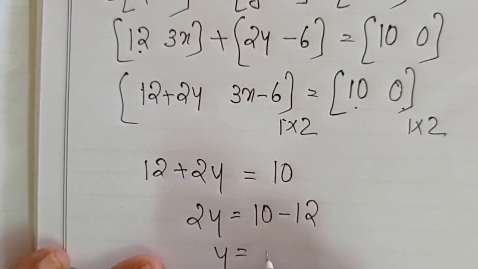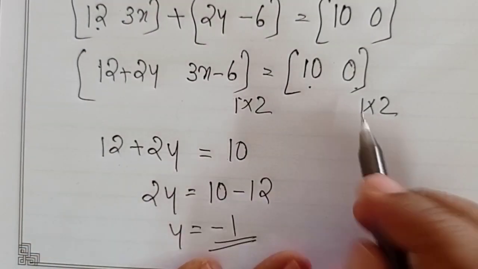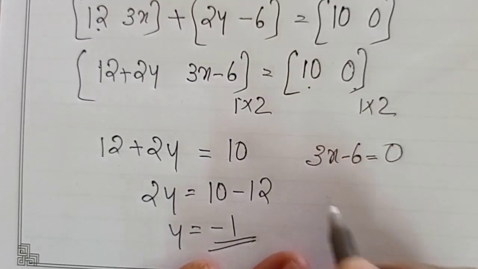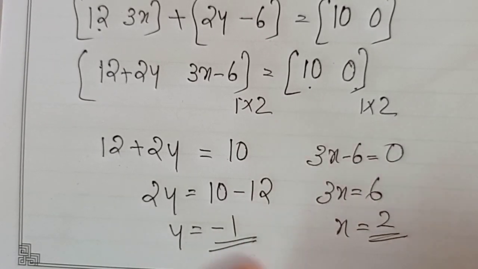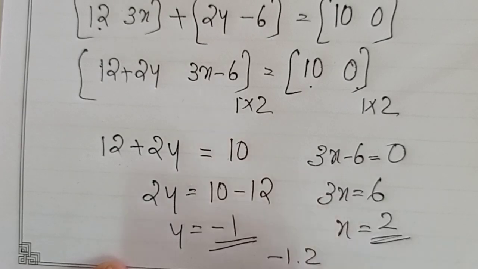Y is equal to minus 2 by 2, that is minus 1. Then equating the second term, 3x minus 6 equal to 0 implies 3x equal to 6, x equal to 2. Therefore, the correct option is (2, -1).